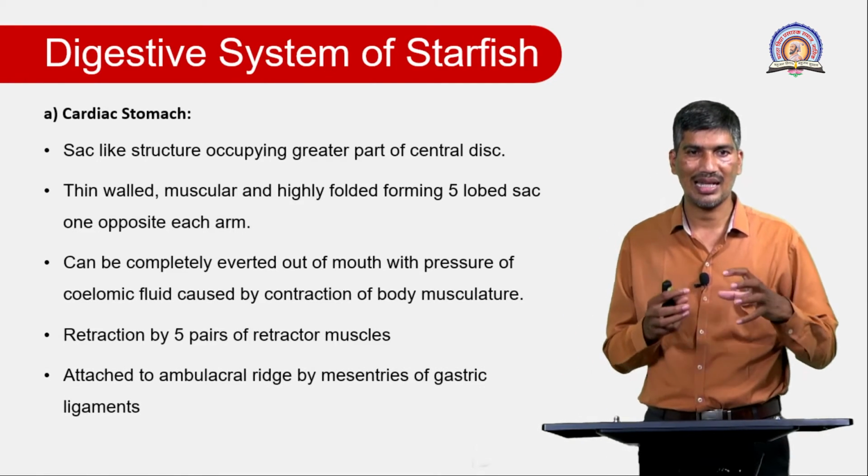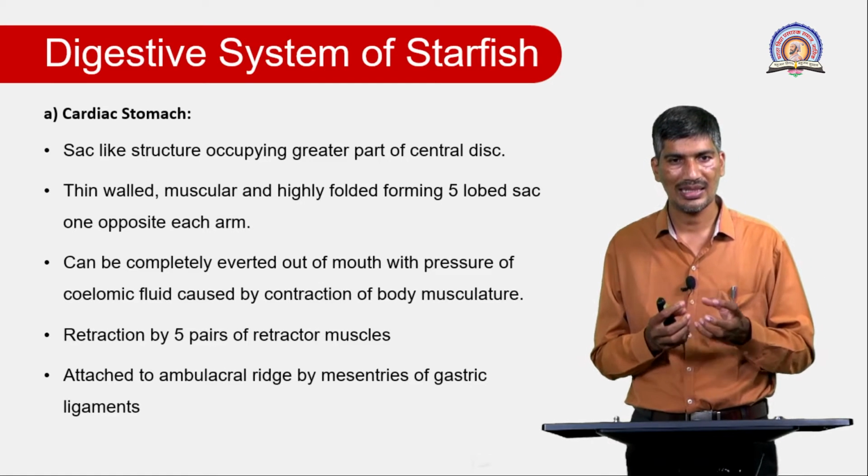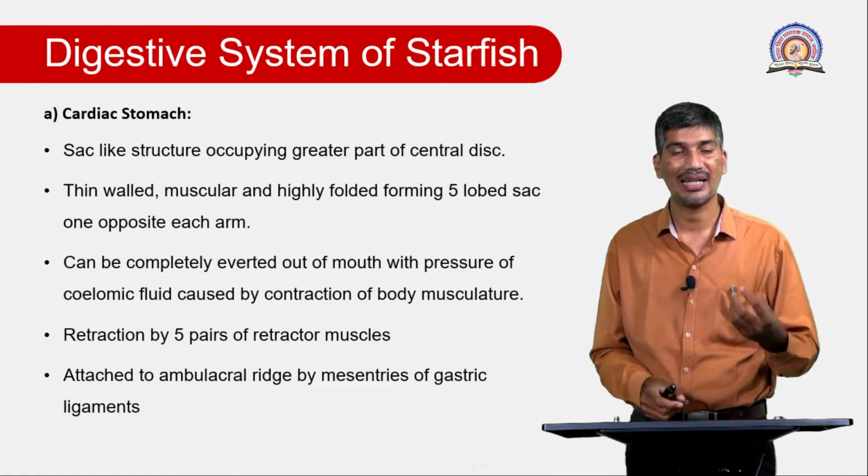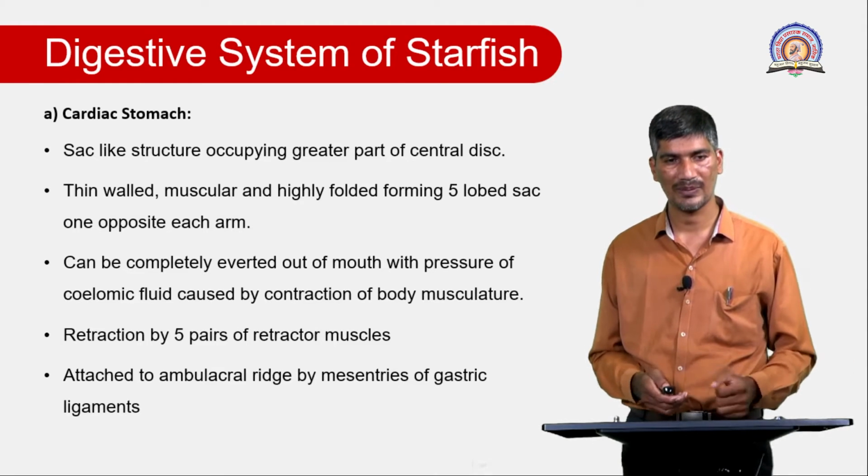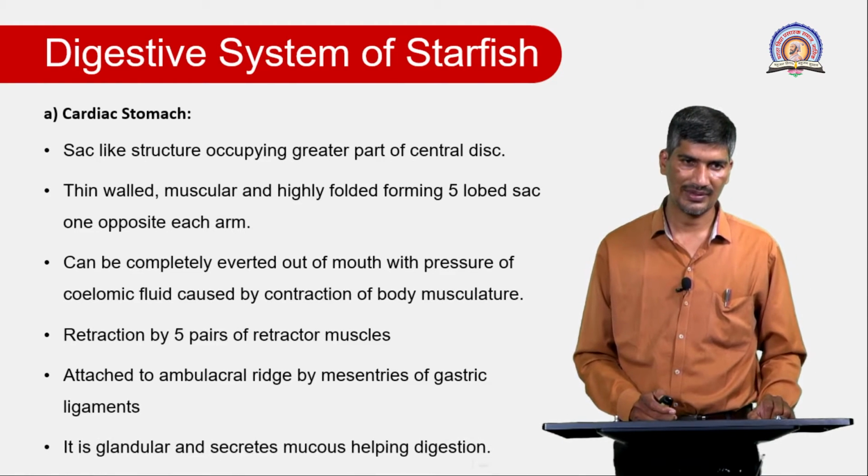These muscles are attached to the ambulacral ridges and by mesentery, and the gastric ligament is connected to this cardiac stomach.